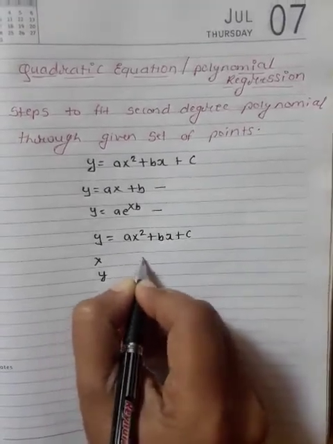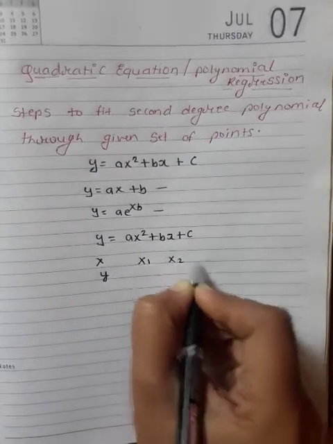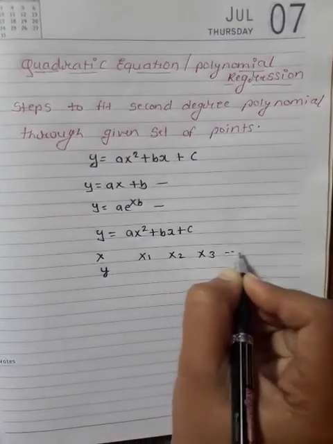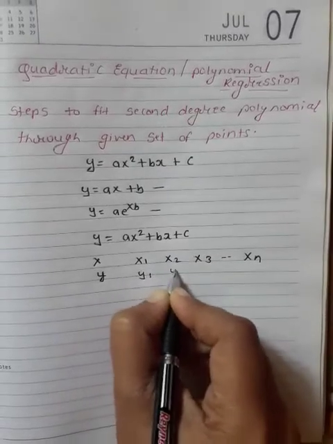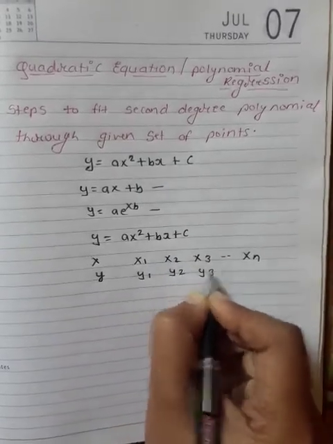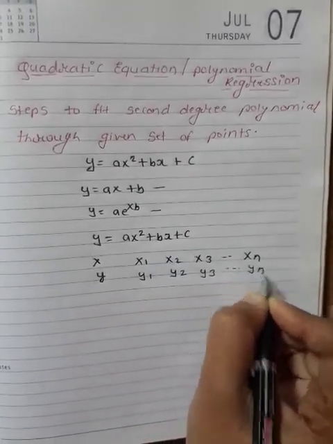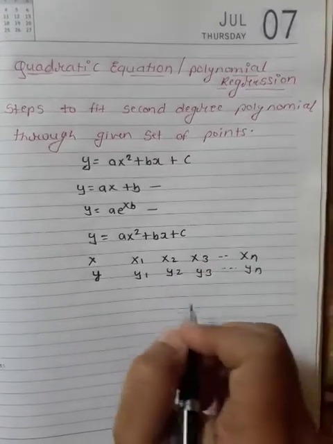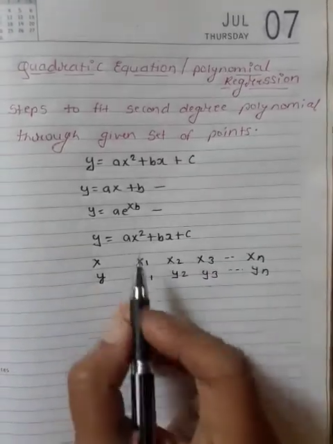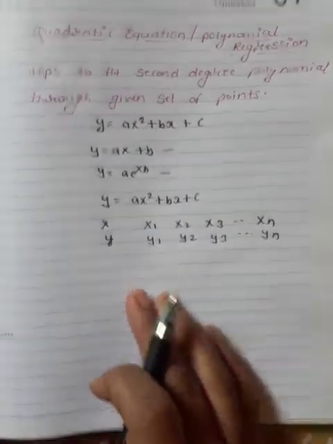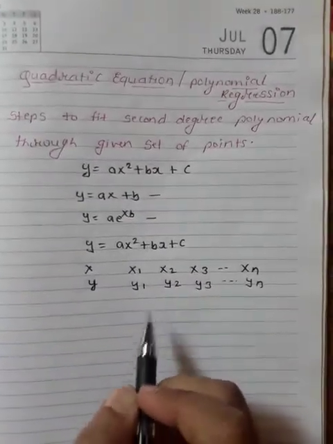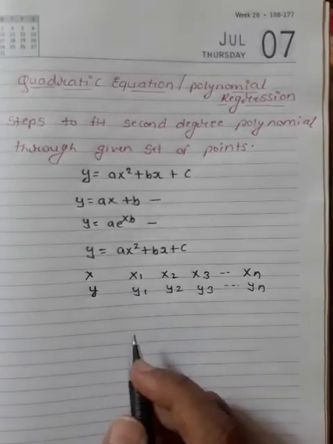That means the points x1, x2, x3 up to xn and y1, y2, y3 up to yn will be given. By using all this data, you have to find the values of a, b and c. So what are the steps to frame the three simultaneous equations? We will see now.